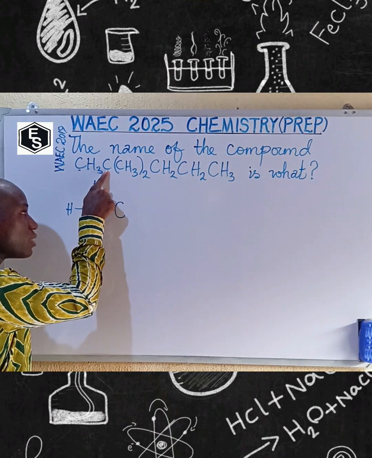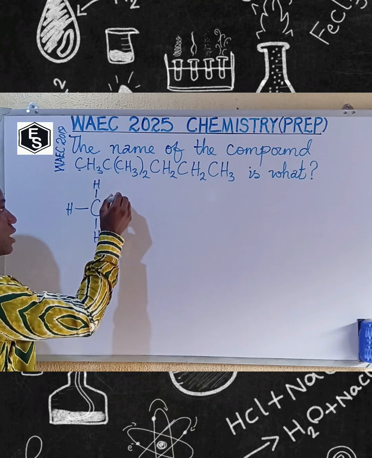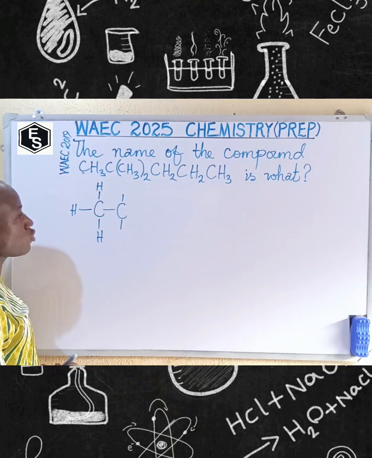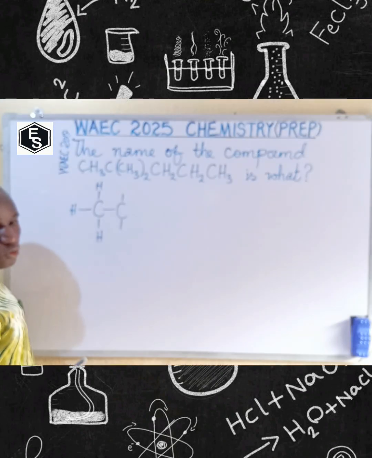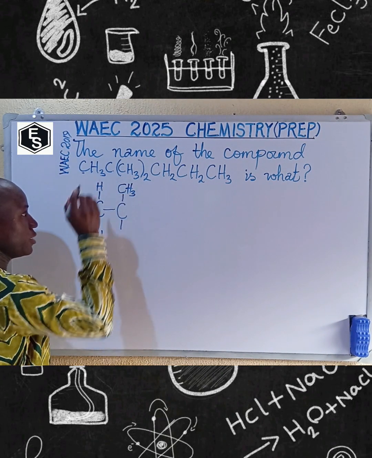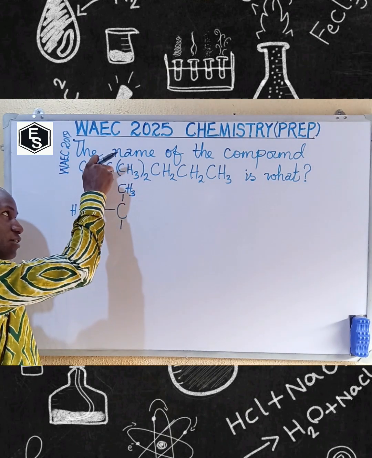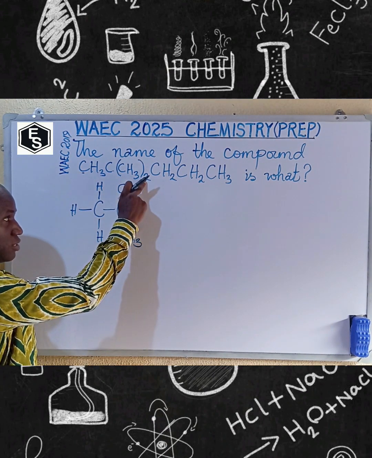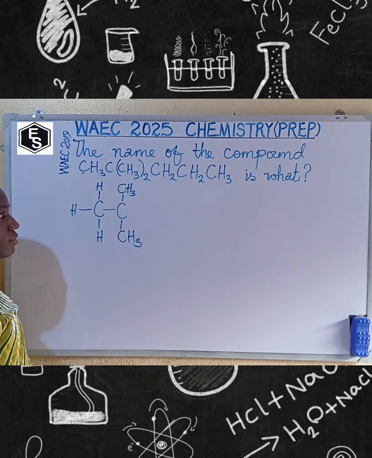Now, this second carbon atom has 2 bonds to methyl structures, so we'll write CH3, that is one of the methyl here attached to the carbon, and another CH3.